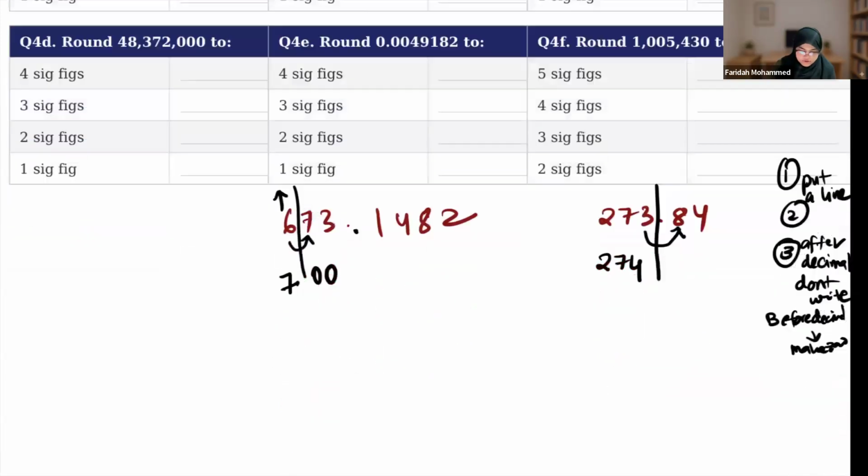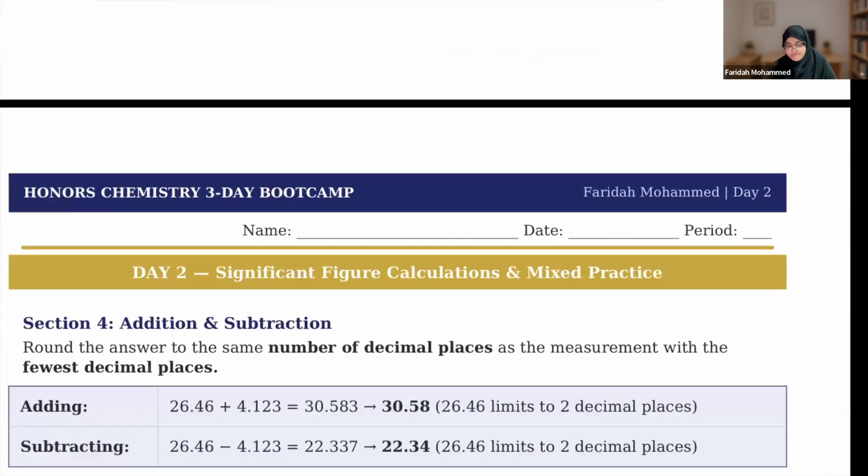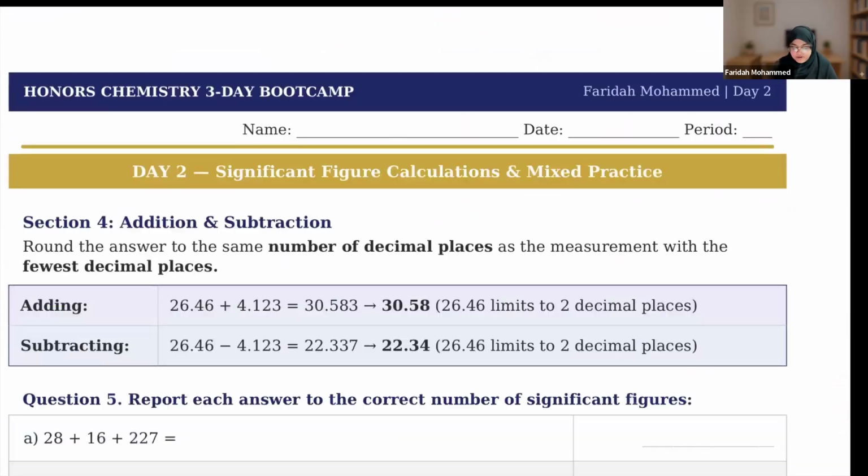Okay, so those are rounding off. Now we're going to learn why it is important for us to know the sig figs, because there are rules. When you add or subtract, just write down the rules first.